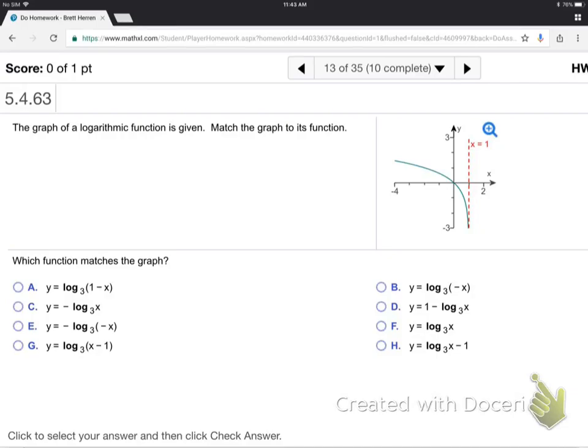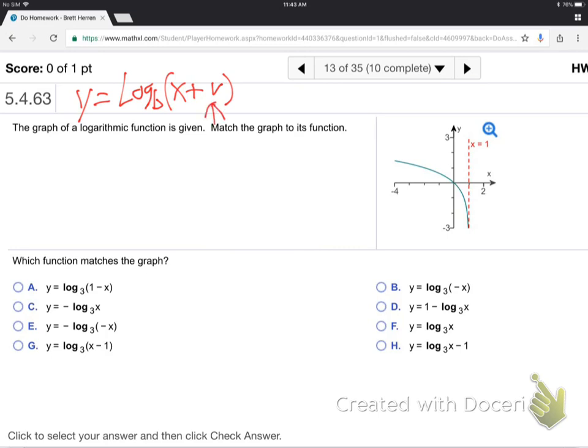All right, so what do the graphs of logs look like? If you have y equals log base b of x plus, I'm going to call it v. Is that a good way to do it? Yeah, I'll do it that way.